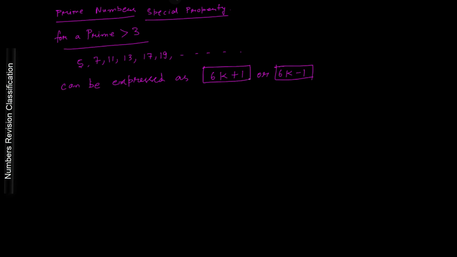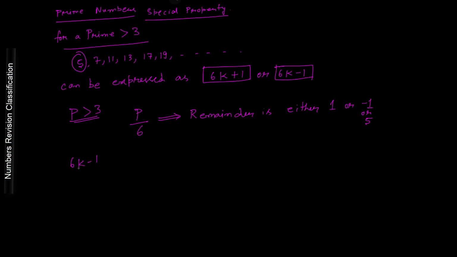What does that mean? If there is any prime number greater than 3, and I divide that prime number by 6, the remainder is either 1 or minus 1. And what is the meaning of minus 1 actually? Minus 1, or 5. For example, 5 is 6k minus 1.